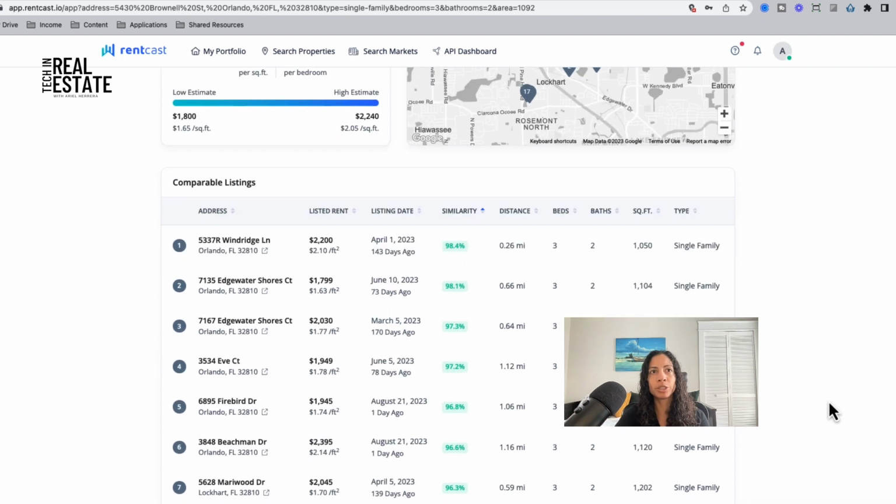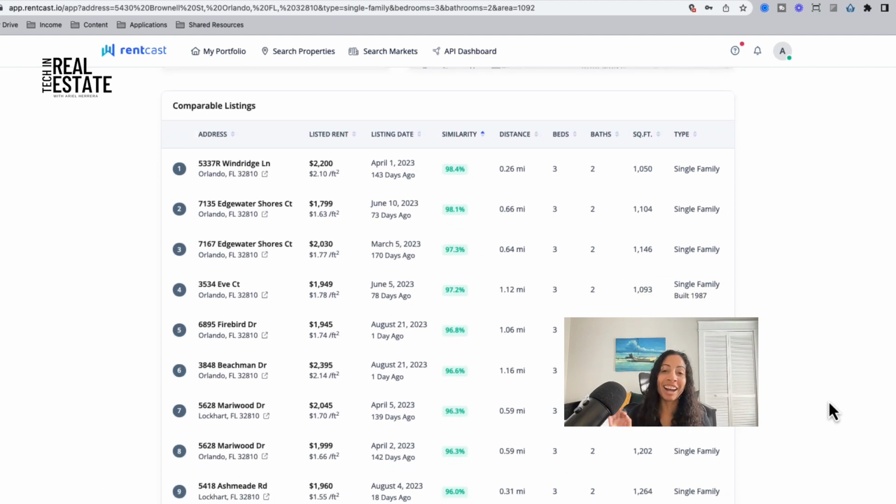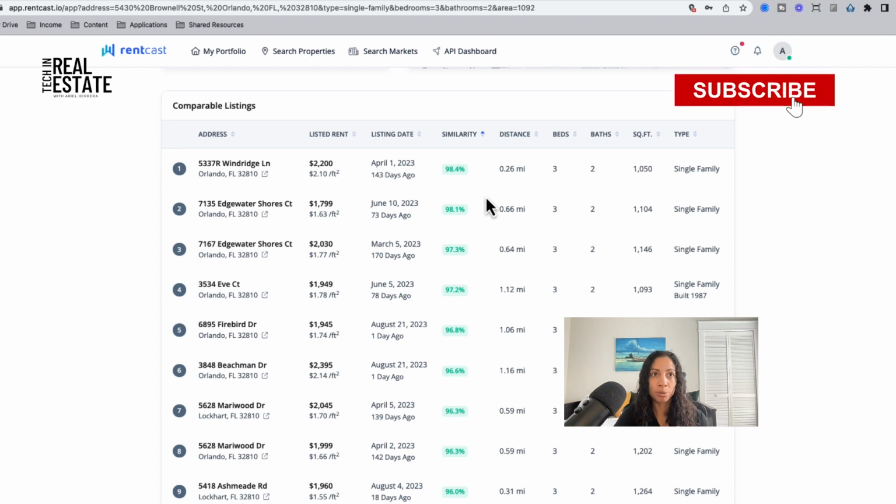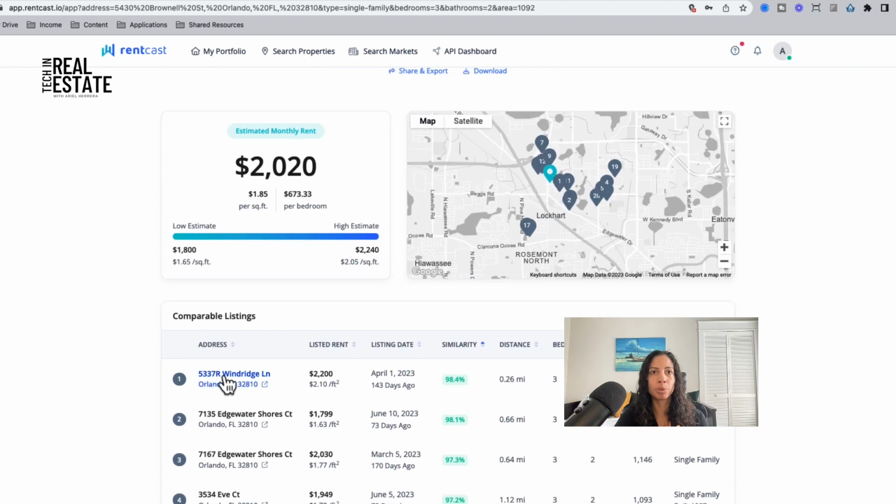Now, if we go down to comparable listings, what I love that RentCast does is it actually has a similarity scoring. So if we wanted to just observe, say, the first 5 or first 10 properties that are similar to our subject, we can do so. If we look at the first one here, number 1, this was listed on April 1st, 2023, so about 140 days ago, at $2,200, which is more than what we see here.